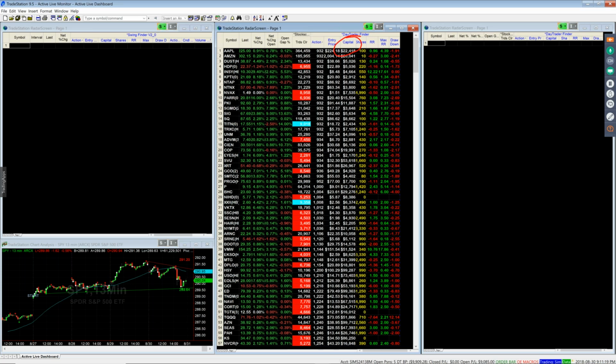So for example, let's use INSY, this one right here. INSY at 9:32 triggered an action candle, an entry signal for the day trader strategy. And to take $100 worth of risk required a $4,664 position, which was 550 shares. Now again, if you use margin, most brokers will give you 3-to-1 margin when day trading.